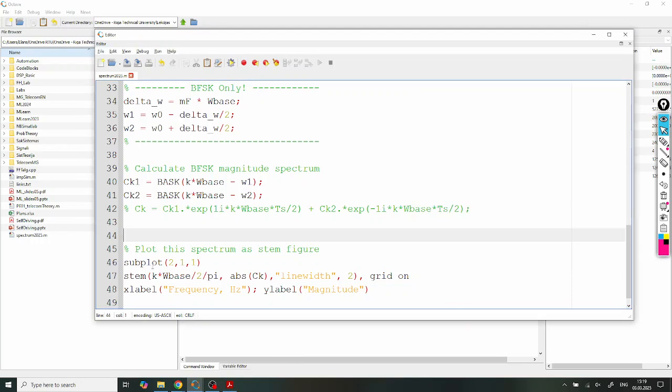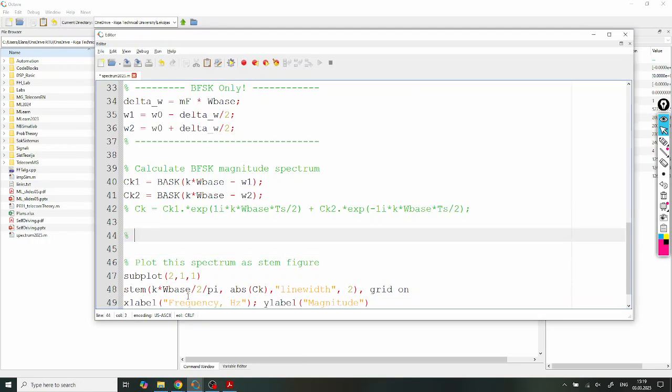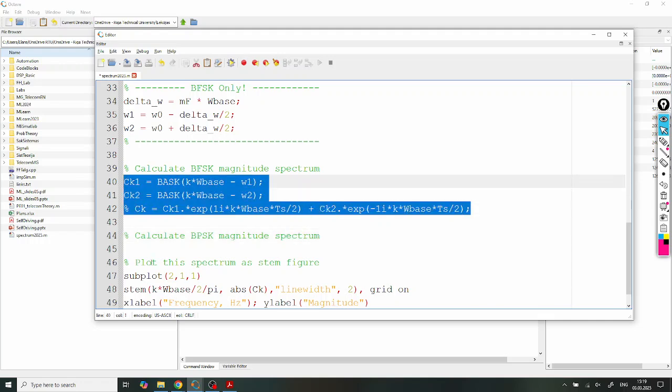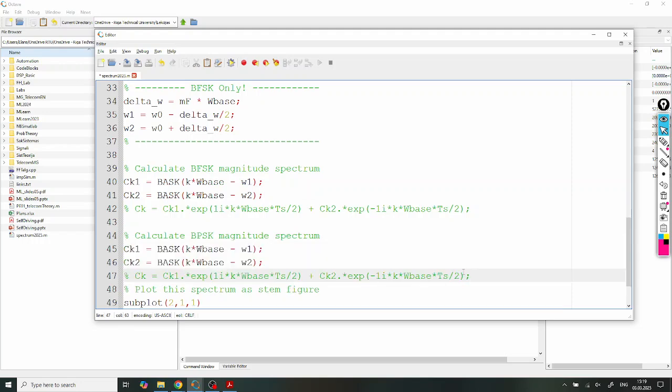If I want to display a phase shift spectrum, I need to calculate that also. Calculate BPSK magnitude spectrum. Essentially, this is exactly the same approach with one exception, that you are going to use omega 0 here, well actually 2 exceptions, and a minus sign here.